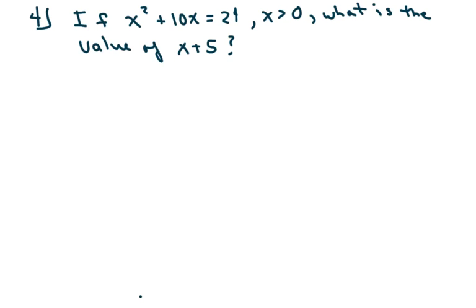Right. This one says if x squared plus 8x equals 24, and x is positive, what's the value of x plus 5? So basically we just have to find our x's first, and that's factoring again. So let's factor.